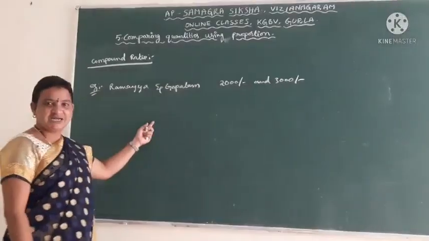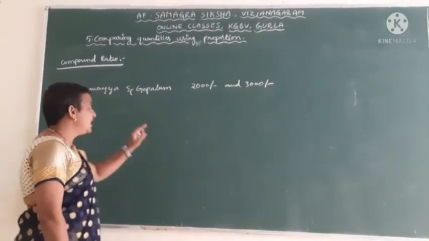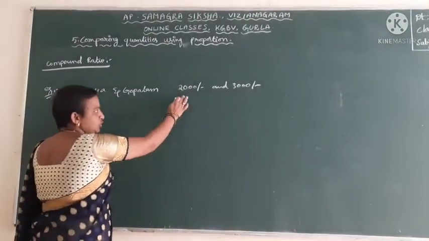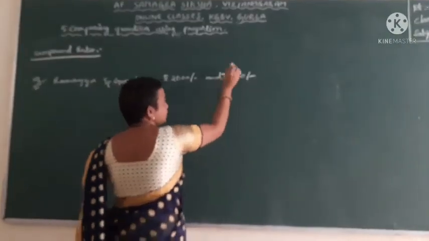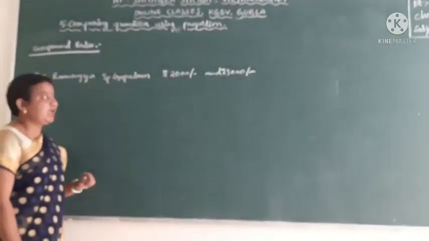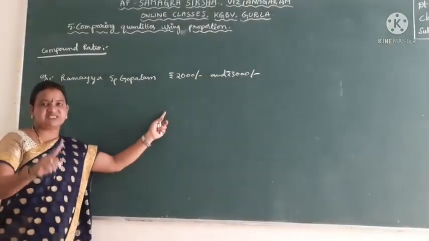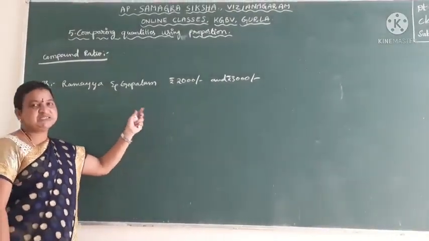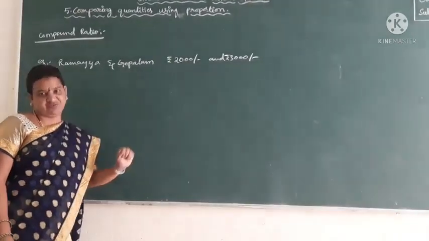Ramaya invested 2,000 rupees and Gopal invested 3,000 rupees, for 1 year. That means the time period is the same, but the investments are different.